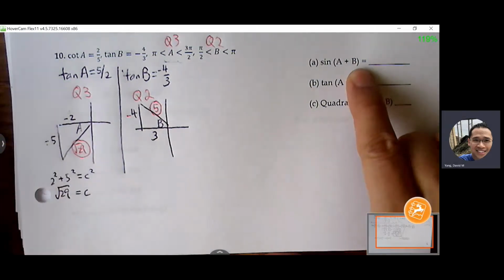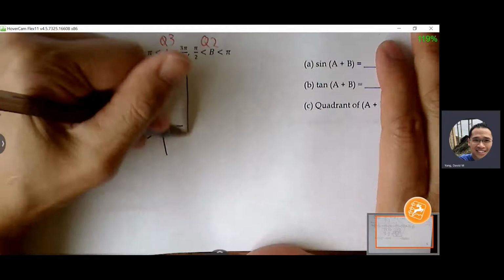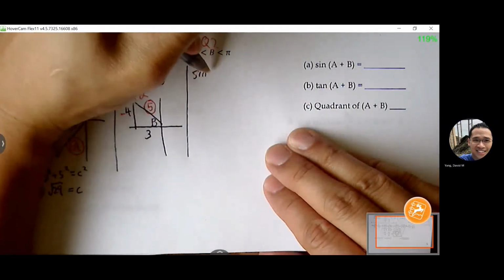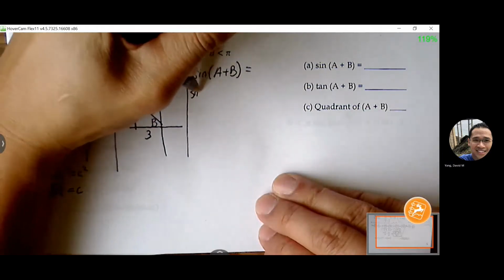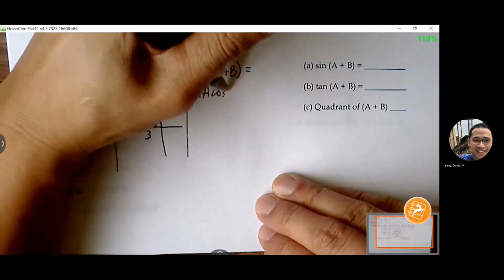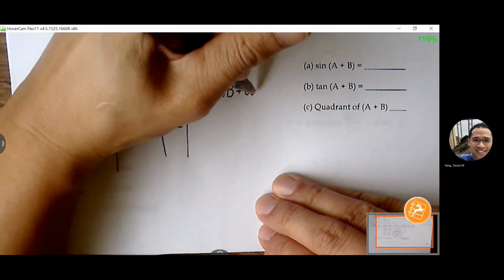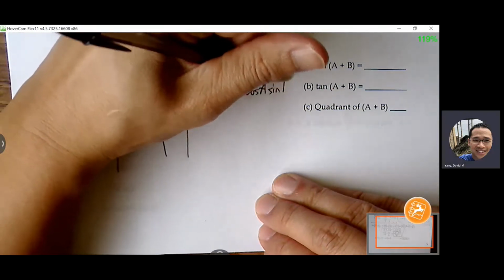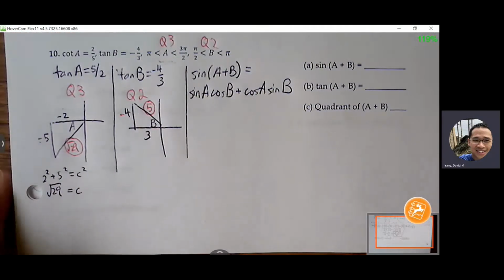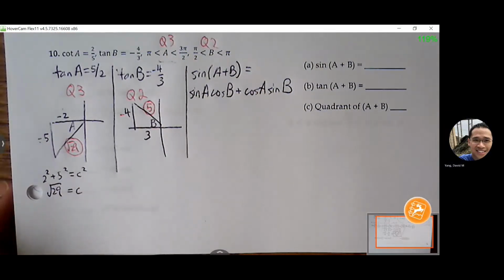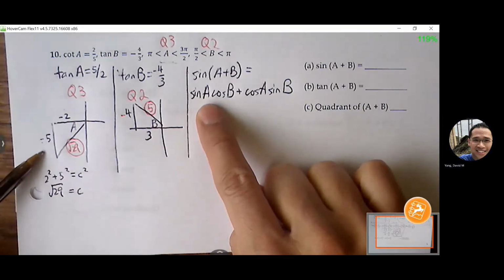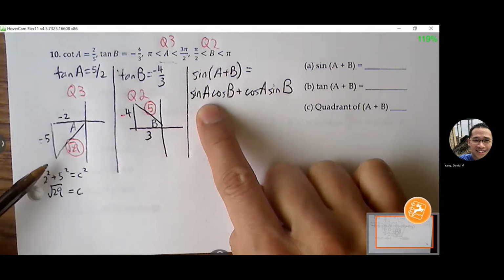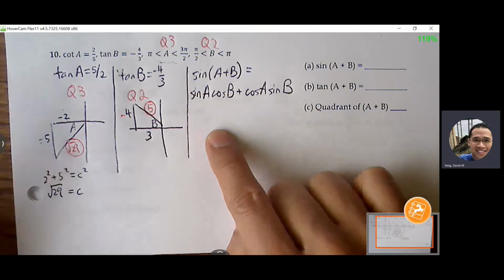Okay, let's find sine of a plus b. What's sine of a going to be? -5/29, okay?